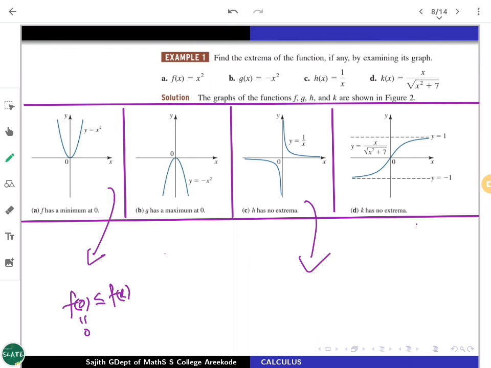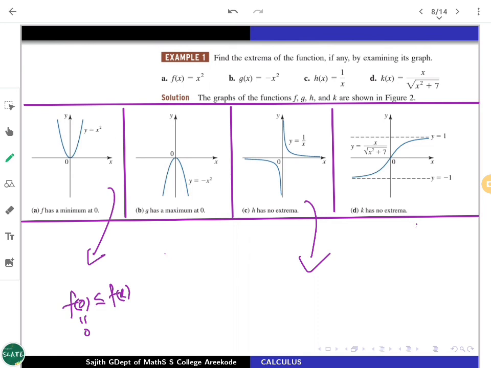That is not going to be attained. So you won't get a real number c such that k of c is exactly equal to 1. That is the problem. In a very similar way, it has no minimum value also.